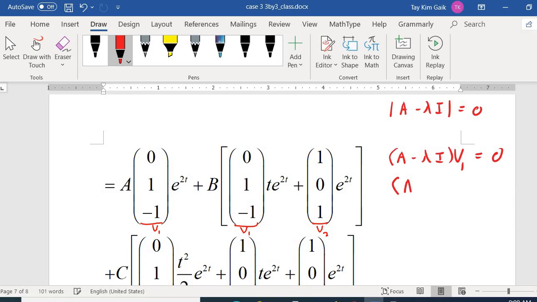To find v2, you let A minus lambda I v2 equal to v1. To find v3, let A minus lambda I v3 equal to v2. So this is for 3 same eigenvalues. With this, thank you for your attention.